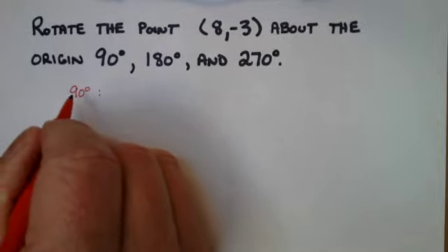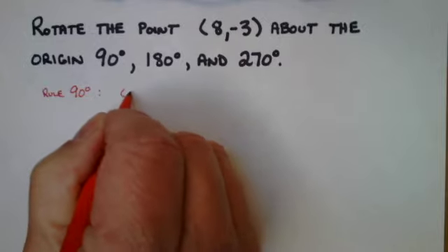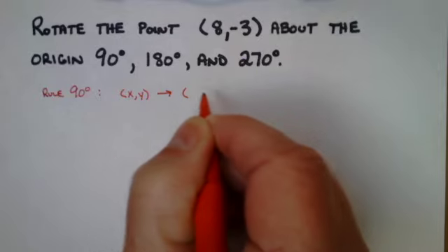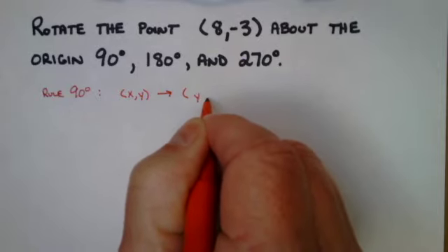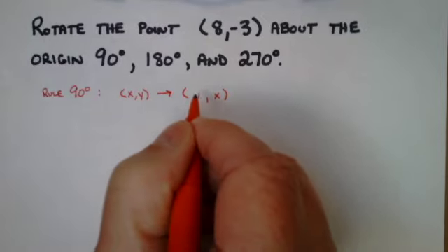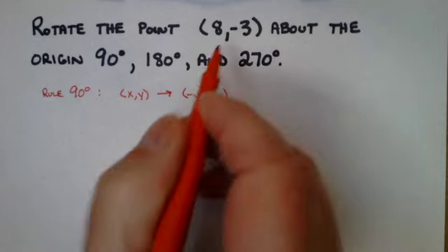Remember, the rule for 90 degrees is if you take a point and you rotate it 90 degrees, the X and the Y change positions, and you write down the opposite of Y. That's what that minus sign means. So we're going to take this point right here.